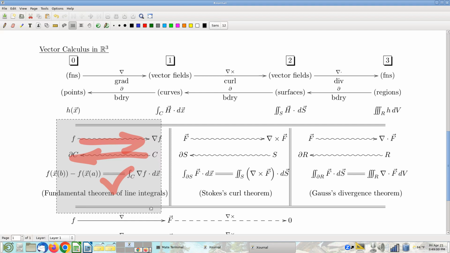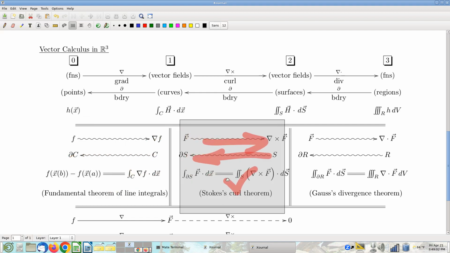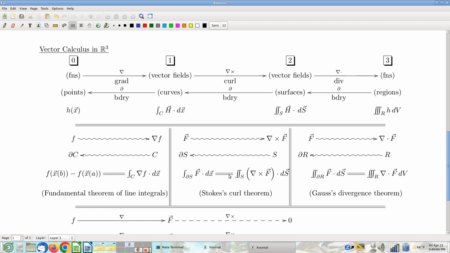If you have trouble remembering, for example, how does Stokes's curl theorem work? What was Stokes's curl theorem again? Well, you can just fill in the blank from the pattern.